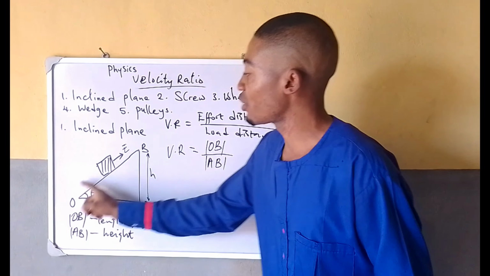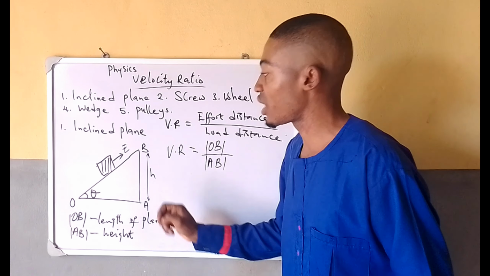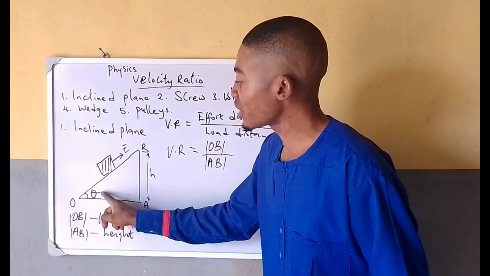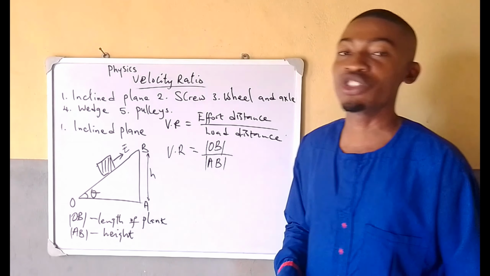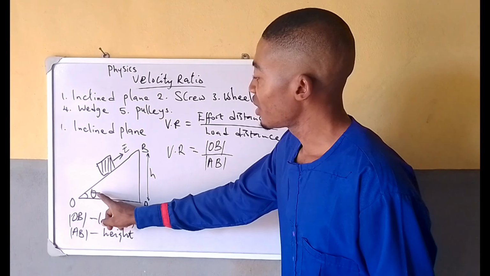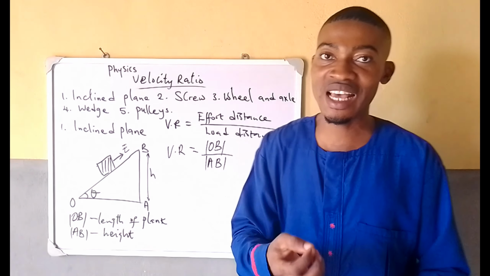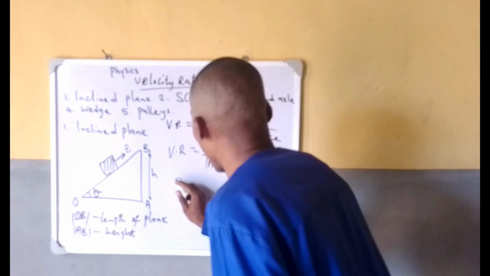Here, we have the length of the plank and the height of the base of the lorry to the ground. So we are comparing these two sides alongside the given angle, the angle of inclination of the plank from the horizontal ground. The trig ratio that connects these three things is sine theta.